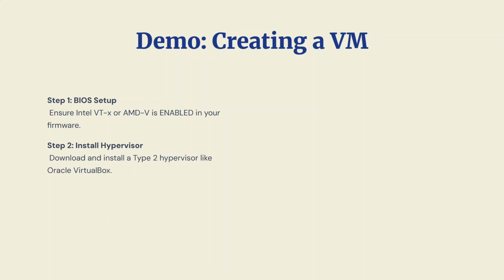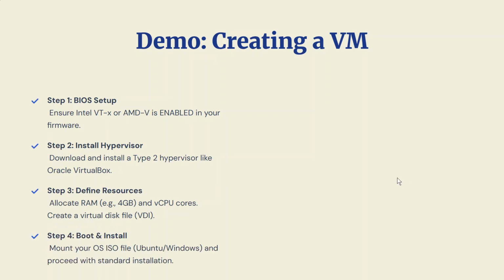For our demo, we will be going with Oracle's VirtualBox, which is free to download. Next, we will define the resources for our virtual machine. Lastly, we will mount an operating system ISO file and install the operating system on our VM. So, go on and enable virtualization in your system BIOS and come back for the next steps.